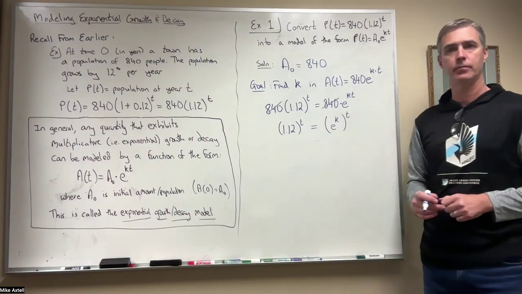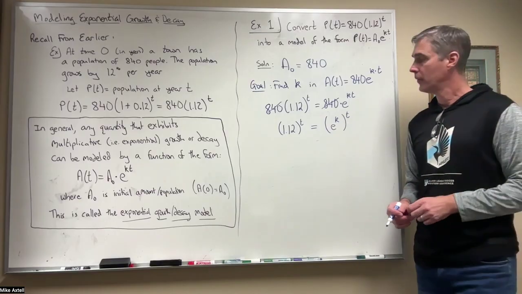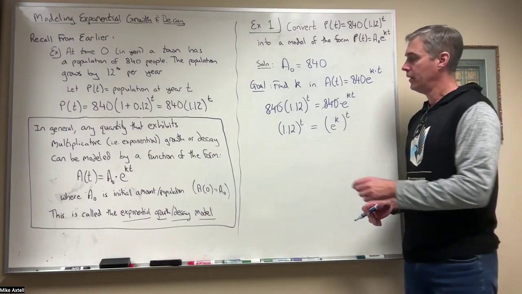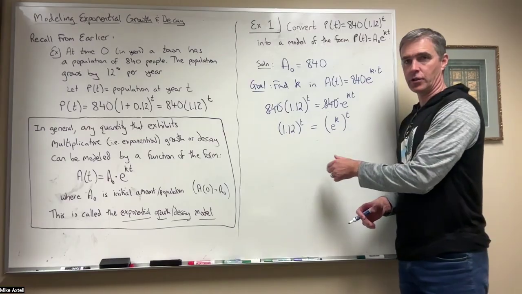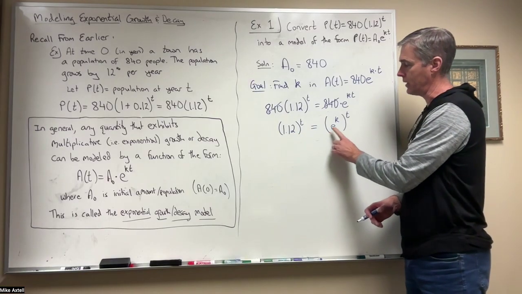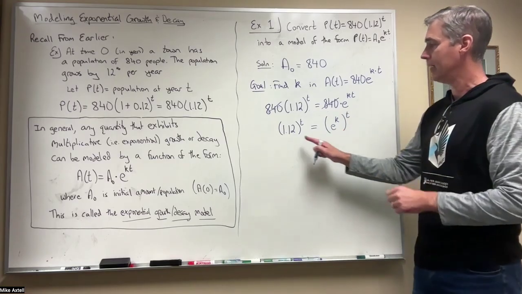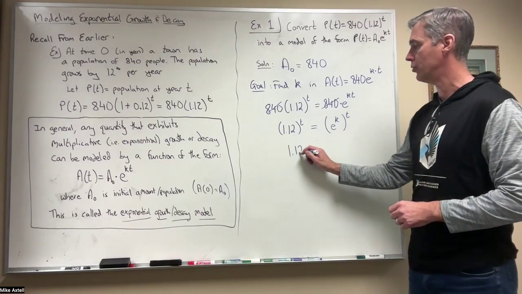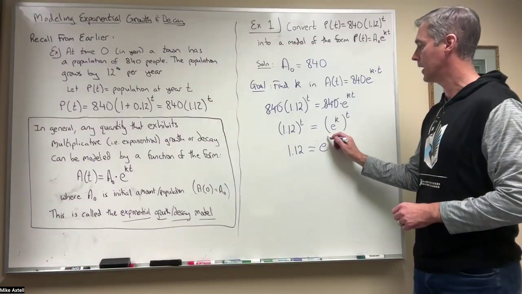Now, we know that exponential functions are one-to-one. So if this raised to the t is always equal to this raised to the t, it must be that 1.12 equals e to the k.